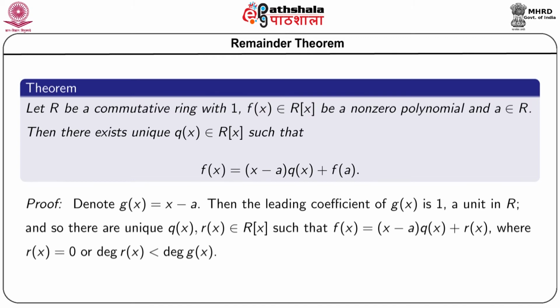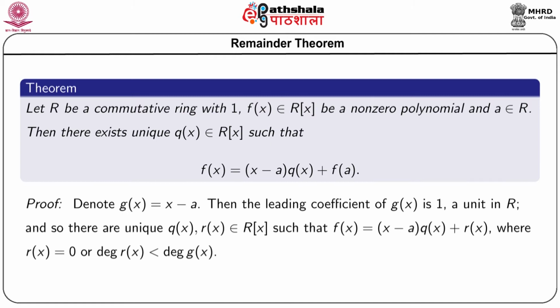Note that the leading coefficient of g(x) is 1 and hence a unit in R. So, the division algorithm can be applied to divide f(x) by g(x), and we will get two unique polynomials q(x) and r(x) in R[x] such that f(x) equals (x minus a) q(x) plus r(x), where either r(x) equals 0 or degree of r(x) is less than degree of g(x). Note that degree of g(x) is 1.